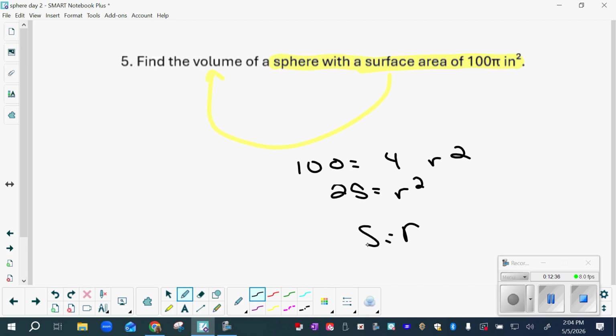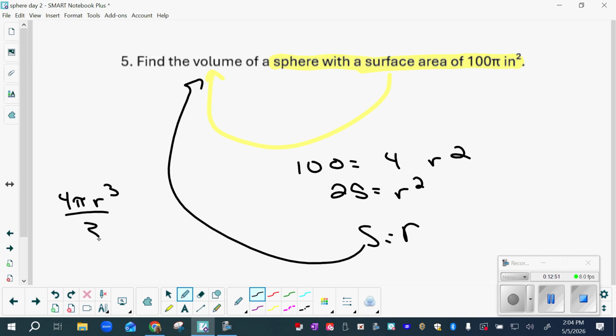R is 5. Now take that. I'm going to take the 5. So here's what I'm going to do. I'm going to say 4 times pi times r to the 3rd over 3, right? I'm going to take that r and put it right in here. So 4 times 5 times.